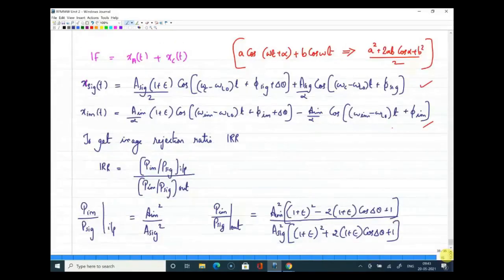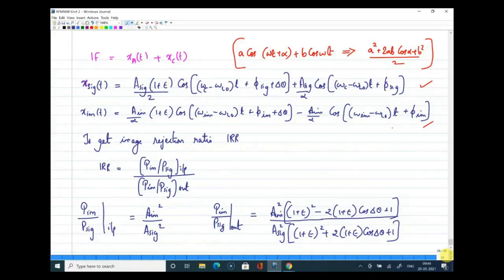I do understand your concern: if epsilon or delta theta is very small, how does it matter? Yes, it will result in a very small portion of image retained in the output. That is true.